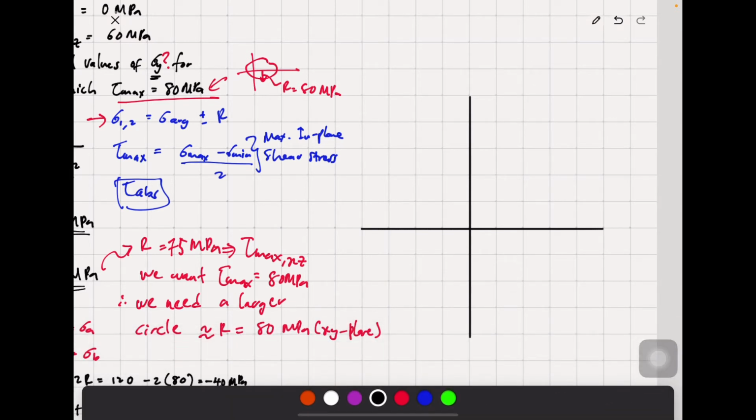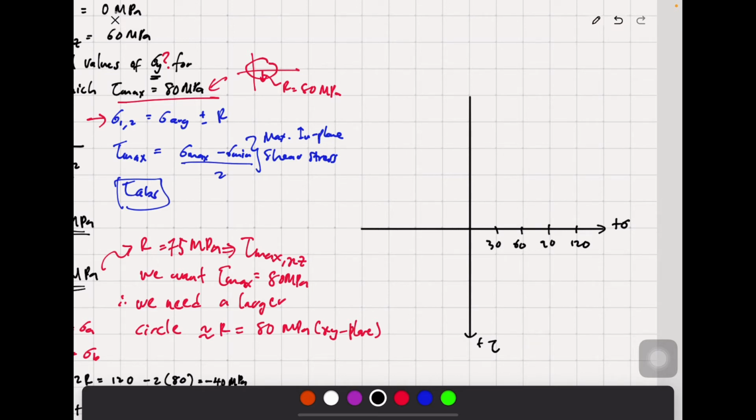I'm going to say this is sigma max. This is positive sigma. This is our positive shear stress. I'm going to set, right, this is 120, this is 60, and this is 30, and this is 90, right?